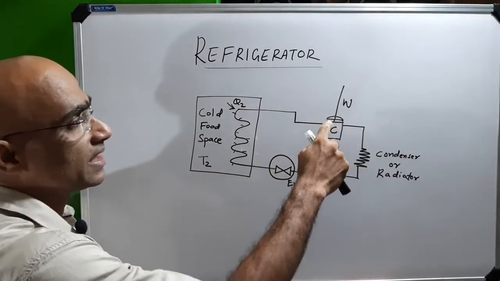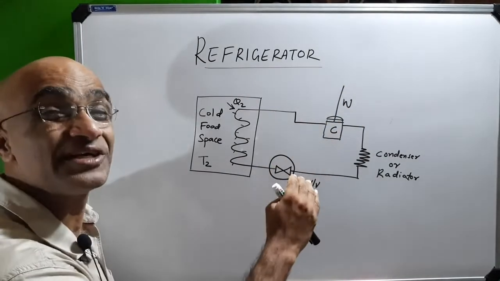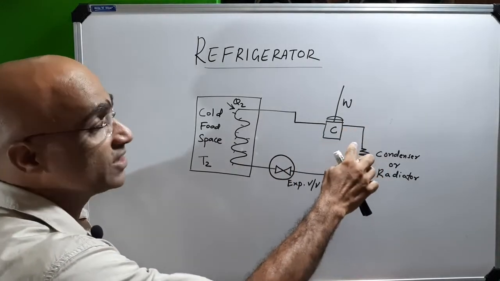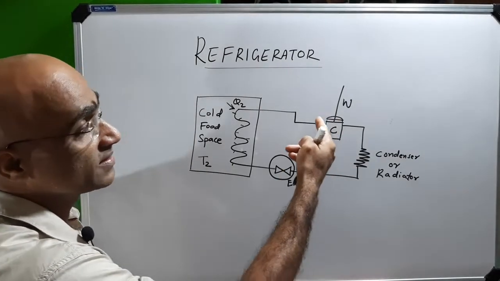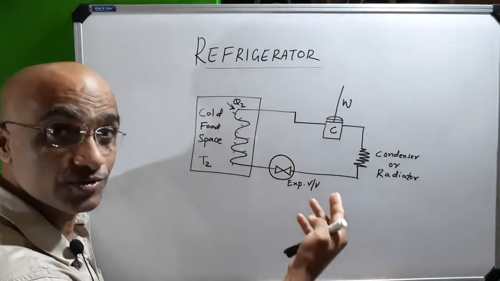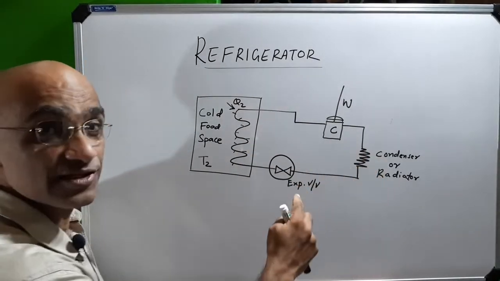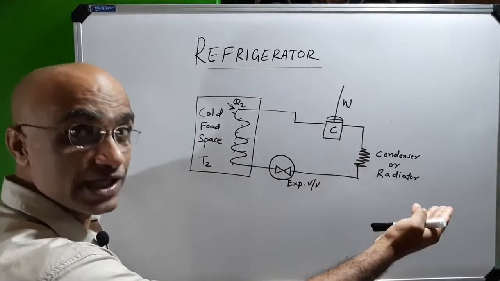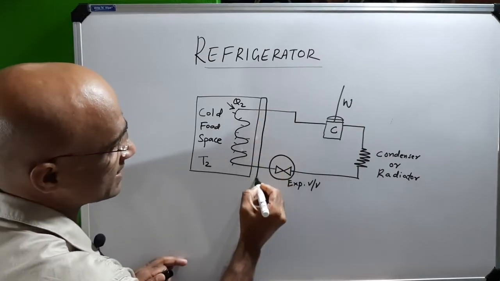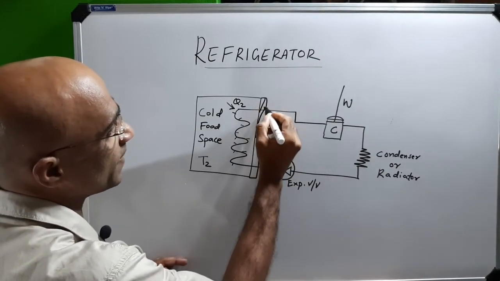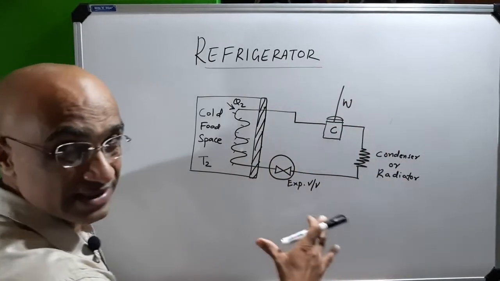In the compressor, work is performed where the gas is subjected to some sort of a constriction, and it then moves into this condenser at a high pressure, and because of this compression, there is heat of compression also generated. So there is high pressure as well as high temperature. Inside this condenser, which is situated outside the refrigerator, we have an insulation that separates the cold food space from the warm outside.